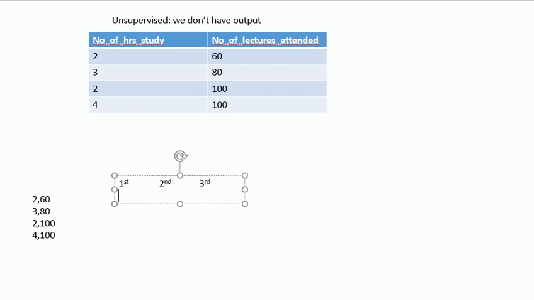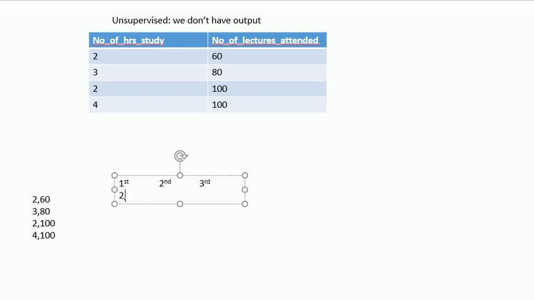So 3 clusters I have to make. This is the already given condition. So I have to put the pairs 2 60, 3 80, 2 00 and 4 00 into these 3 groups. These groups will be called clusters now. The terminology is clusters. So let us see how that can happen.